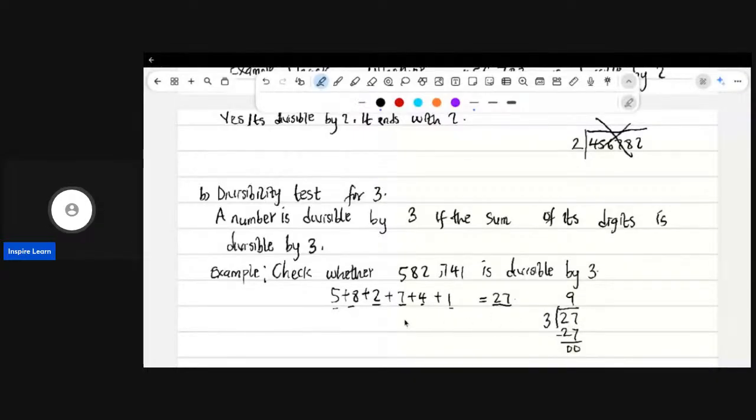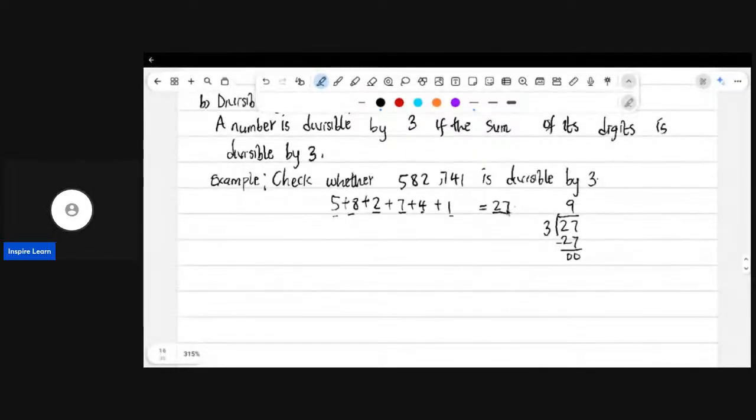This means that even if you take this number and divide it by 3, you are going to get a whole number. But remember, that is not what we are doing. Divisibility tests do not mean that we take the number the way it is, like some students do with 582,741, and start dividing it by 3.